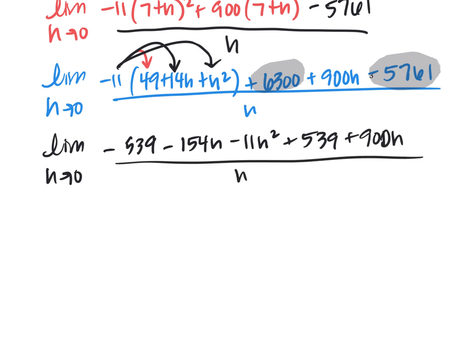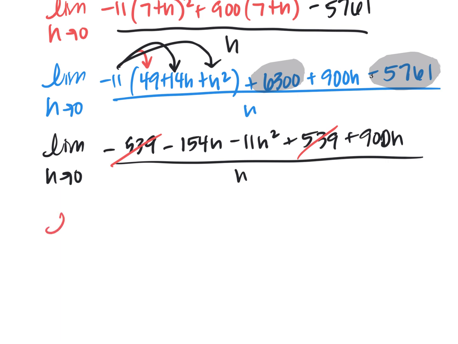Look what you said, plus 539. Does that make me happy? That's huge, you guys. That has to happen, and it will happen. Does everything else have an h? Couldn't I combine these h's? What is 900h minus 154h? 746.